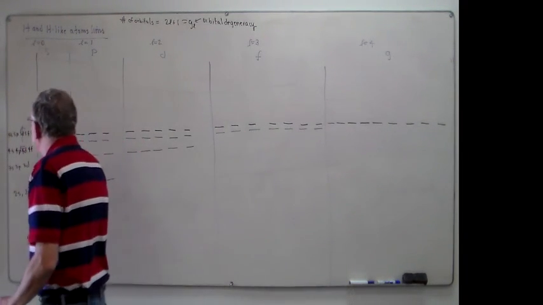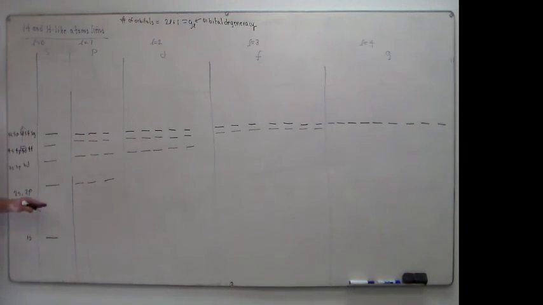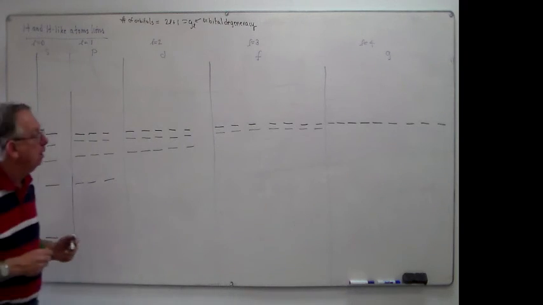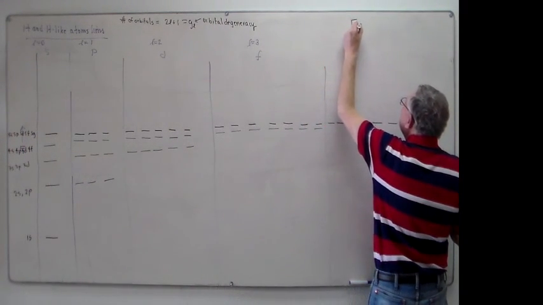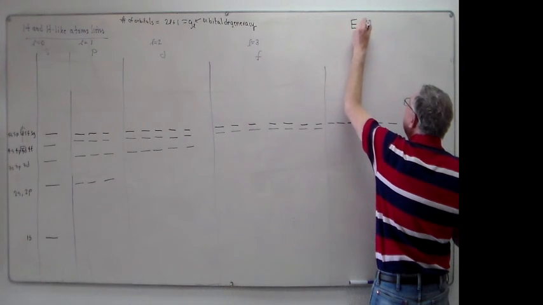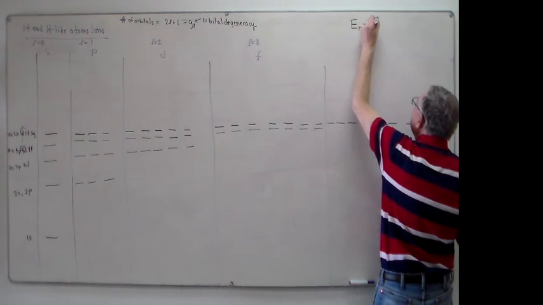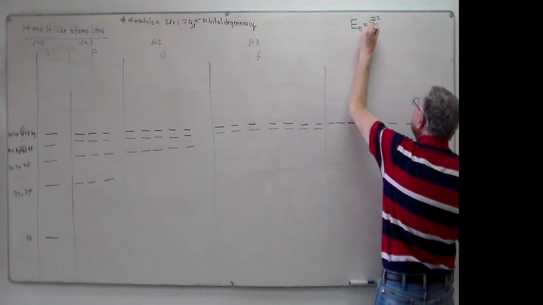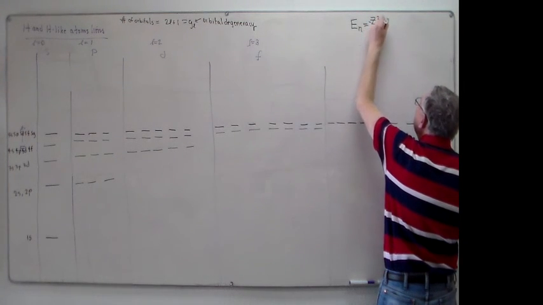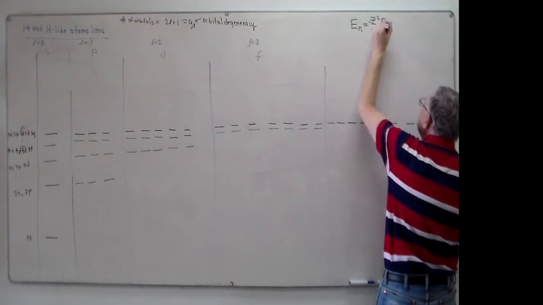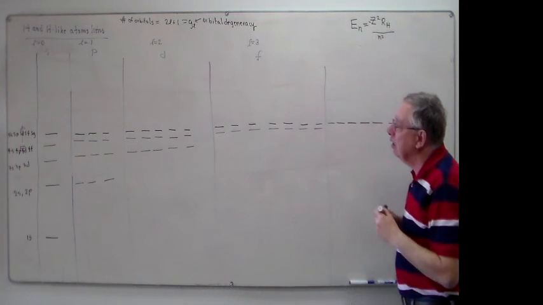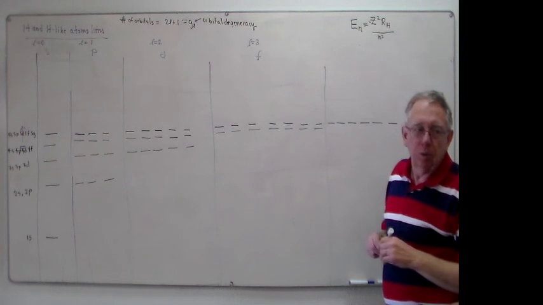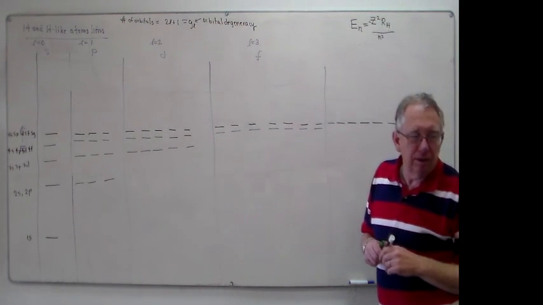Excuse me. Now, why are these orbitals getting closer and closer together? I'll give you a clue. E sub n equals minus Z squared Rydberg constant over n squared. Now, as n goes to infinity, what will happen?